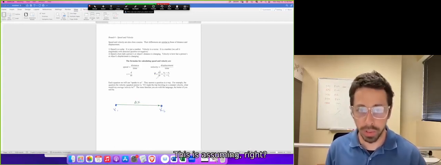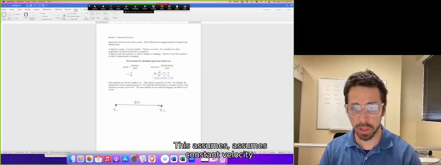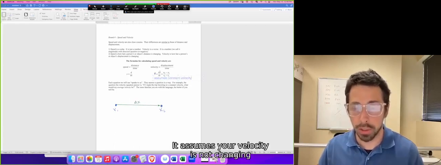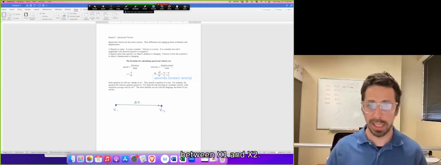I'll write this out. This assumes constant velocity. It assumes your velocity is not changing between x1 and x2.